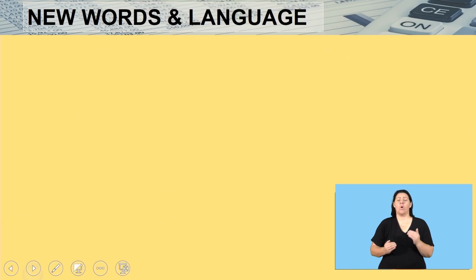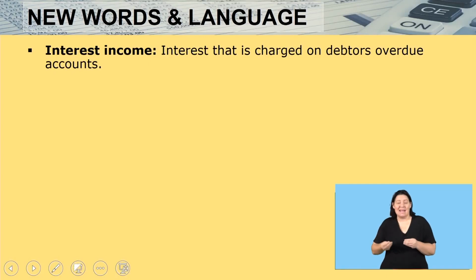Here are some new words that you are going to learn in today's class. Make sure you take these new words down, write them somewhere, so that after class, you can still go and read through. The first one is what we call interest income.